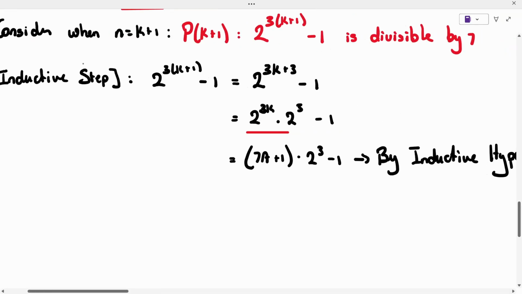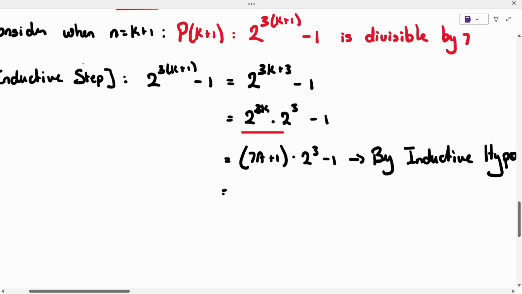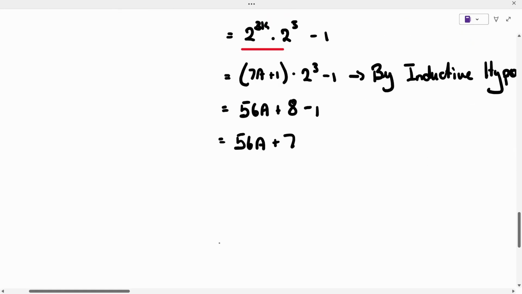So where are we now? Let's expand this. 2 to the 3 is obviously 8. 7 times 8 is 56a, plus 1 times 8 is 8, minus 1. This is 56a plus 8 minus 1, which is plus 7. Could we factor out 7? Yes, we can. We have 7 times 8a plus 1.